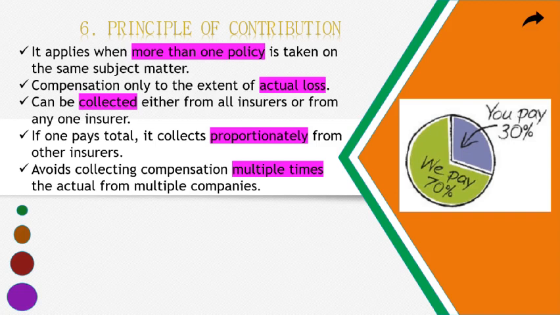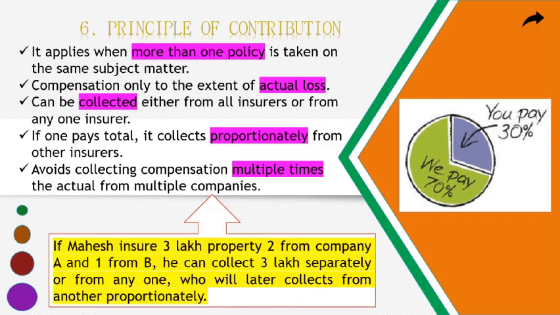For example, if Mahesh is insured for 3 lakhs by insurer A and 1 lakh by insurer B, then he can claim a total of 3 lakhs of rupees from insurer A alone, or 2 lakhs from A and 1 lakh from B. In case he claimed 3 lakhs from A only, then company A will claim 1 lakh from company B.